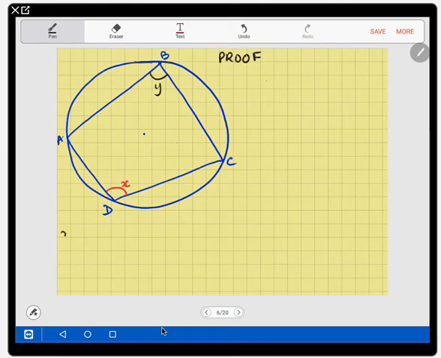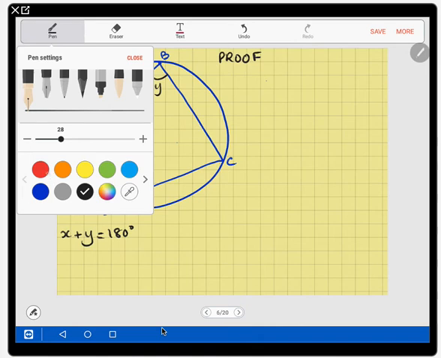We know, I just told you, that X plus Y will be equal to 180 degrees. So, how to prove that is simple.